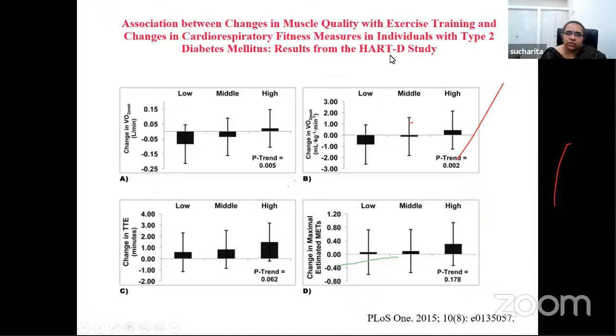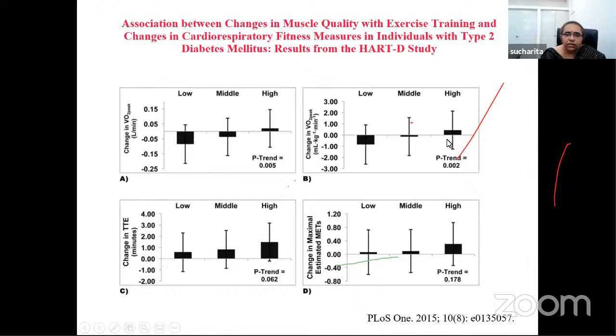Here is a trial done on 190 type 2 diabetes individuals, where they were given a combination of both aerobic and resistance exercise, and they divided these individuals based on their muscle quality, into a low tertile of muscle quality versus a high tertile of muscle quality.